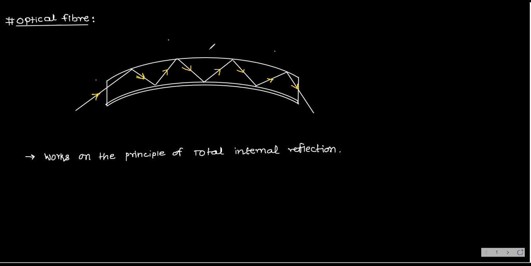Now here an inside part and an outside part are there. This inside part is called the core, and it has a high refractive index.